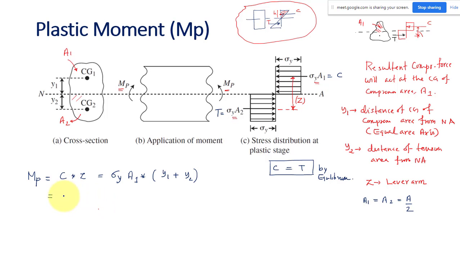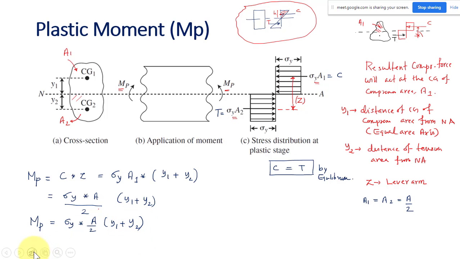So I can take sigma y into A by 2, into y1 plus y2. Maybe I can just rearrange this equation: plastic moment is equal to sigma y into A by 2 into y1 plus y2.